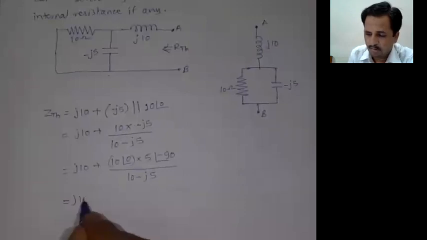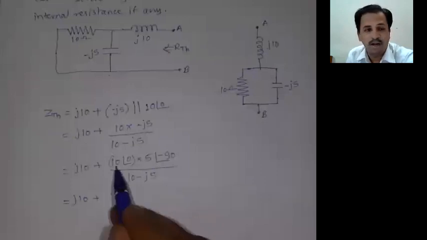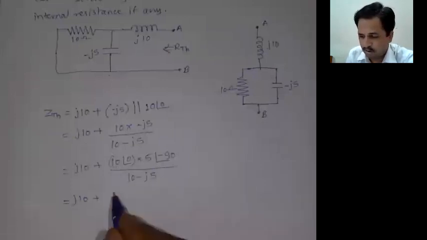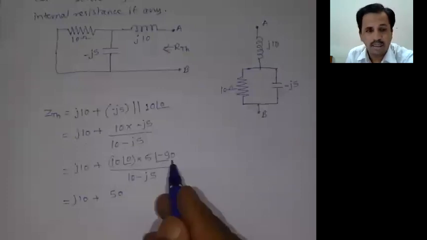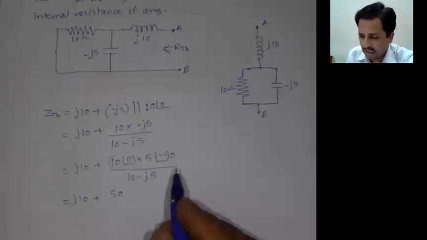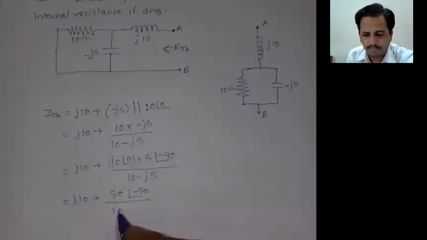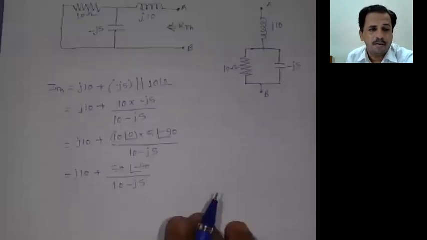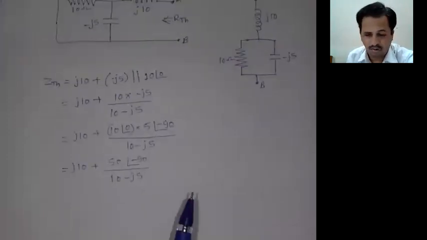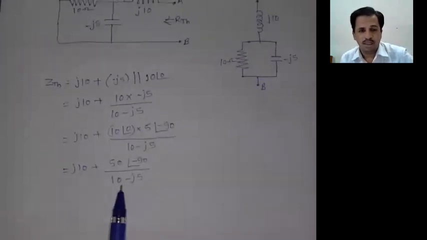Now this j10 plus, these quantities are multiplied, that is the magnitudes are multiplied, 10 into 5 becomes 50, with the angle being the addition of these two angles, 0 and minus 90, which again gives minus 90 degrees, upon 10 minus j5. Now this quantity again we have to convert into polar format.